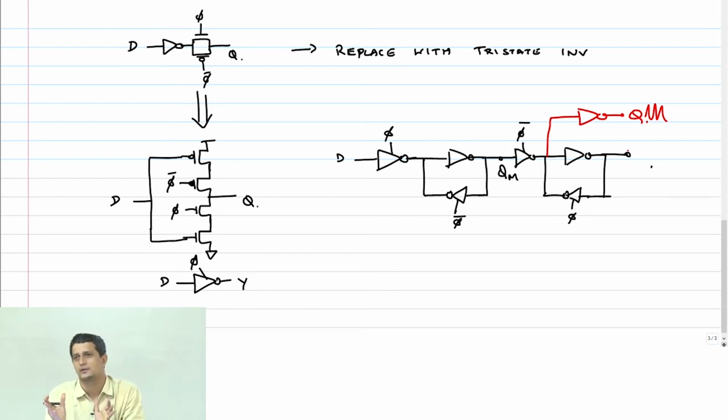I can shield that appropriately, right? Therefore, now any noise on QM is at the output of an inverter as opposed to the input of this inverter here. And therefore, the noise will not percolate backwards and affect my functionality. So this is a latch or a flop with isolation.